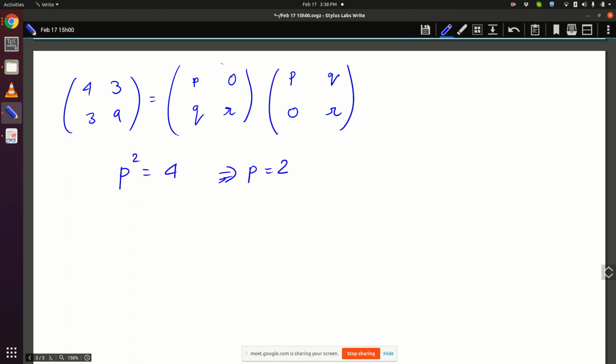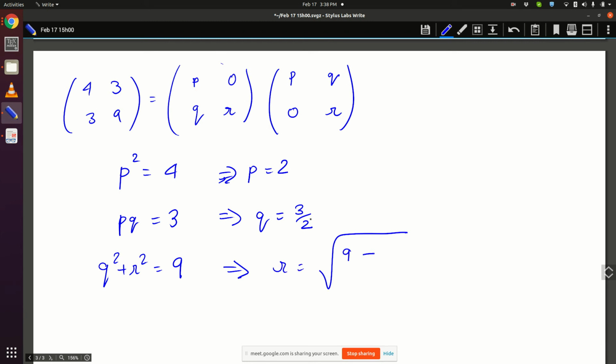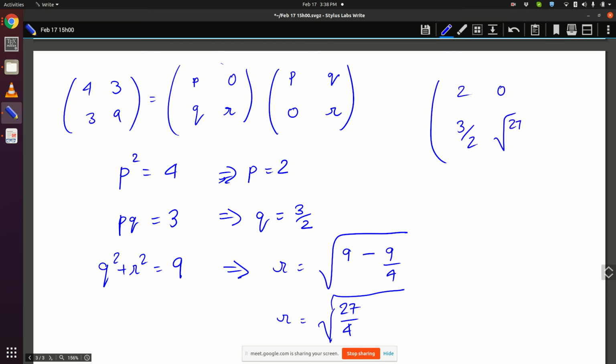P Q equal to 3, therefore Q is equal to 3 by 2, or 1.5. Q squared plus R squared equal to 9, which implies R is equal to the square root of 9 minus 9 by 4, which simplifies to the square root of 27 by 4. So I have a matrix of the form 2, 0, 3 by 2, root 27 by 4.